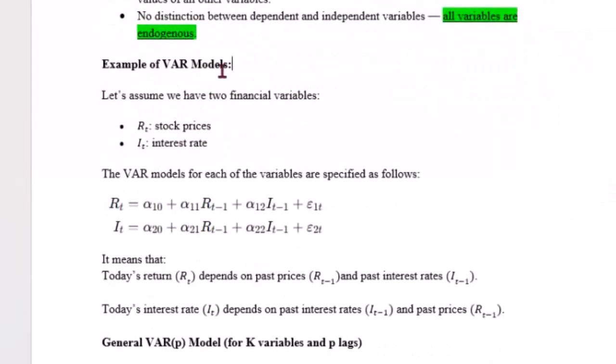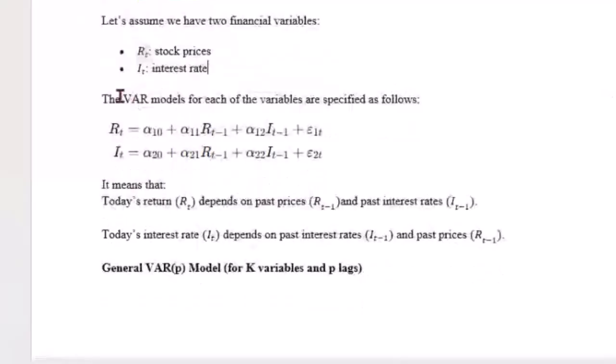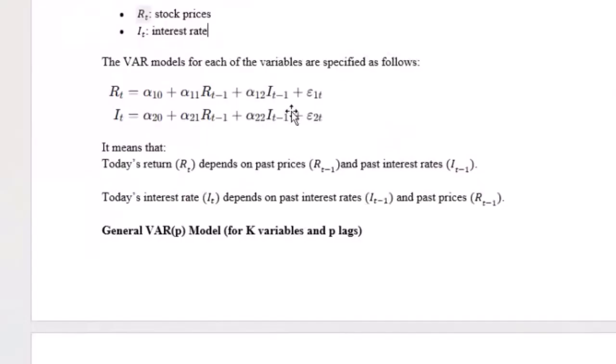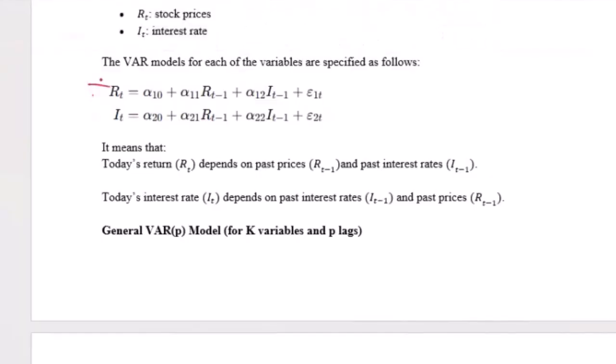So let us look at an example of a VAR model. Let us assume we have two financial variables. We have the stock prices, and we have the interest rates. So in the VAR model, each of the variables is specified as follows. Let's start with the stock prices. So the stock prices at time t.